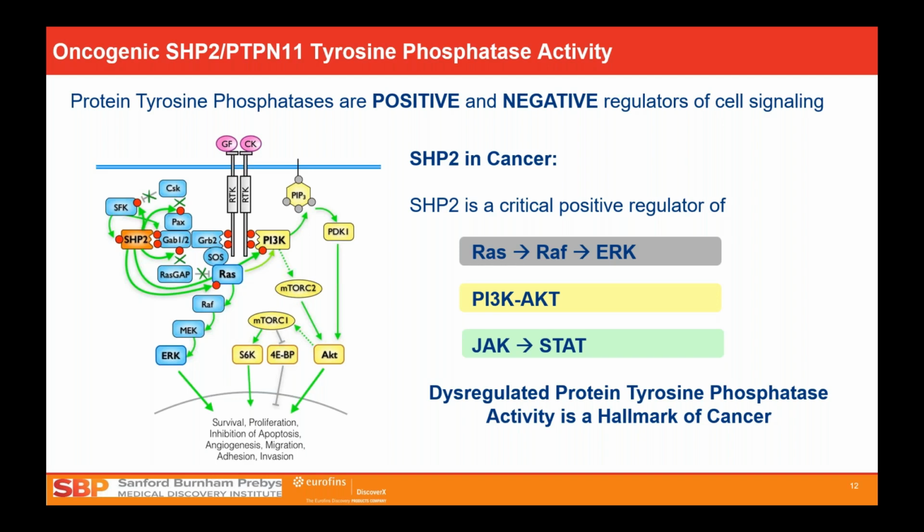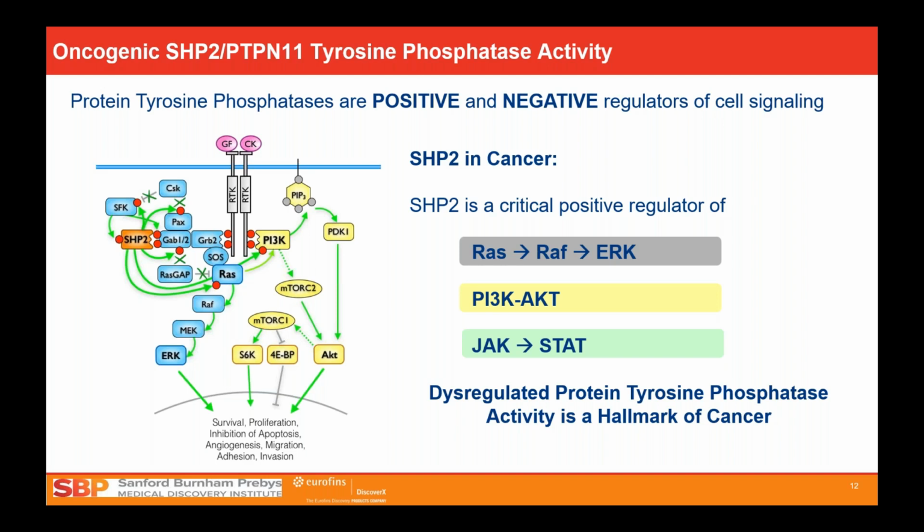So our focus is on SHP2, also known as PTPN11. SHP2 is involved in several critical pathways that are important from a medical standpoint. The RAS, RAF, ERK pathway, PI3 kinase, AKT pathway, and the JAK-STAT pathway all involve SHP2 in its regulation.